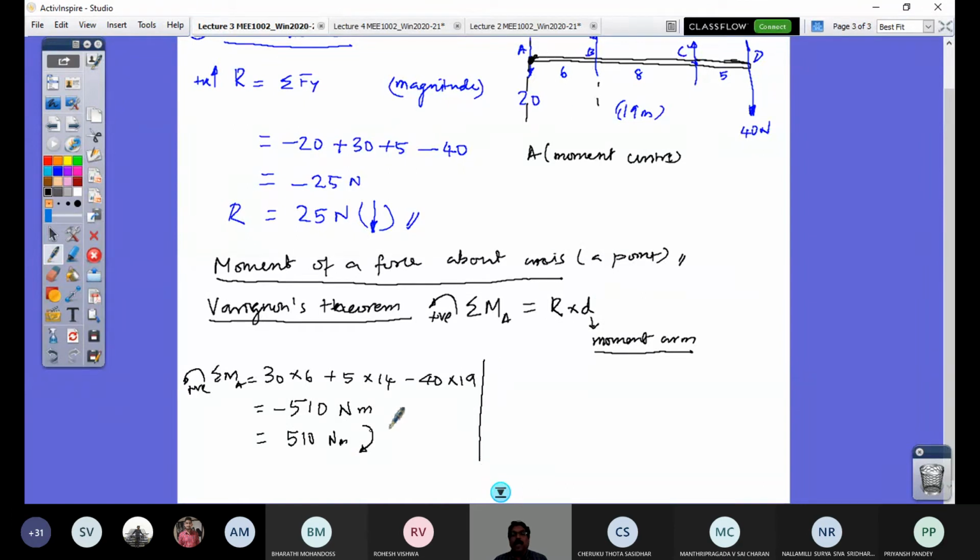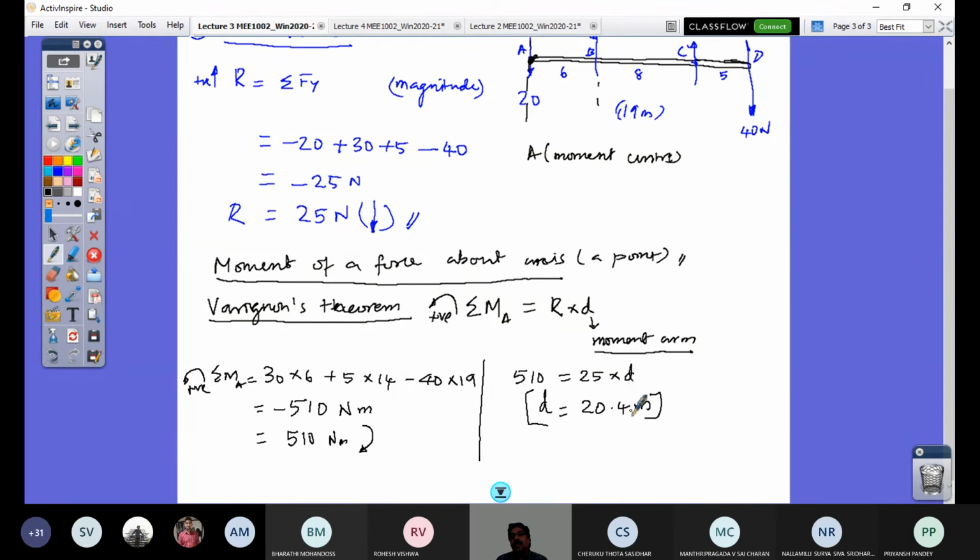On one side I take 510 Newton meter, and on the other side it is the resultant 25 Newton times D. So D is 510 divided by 25, which comes out to be 20.4 meters.